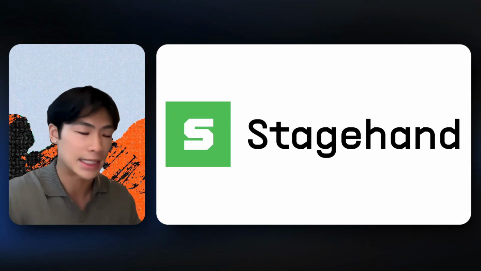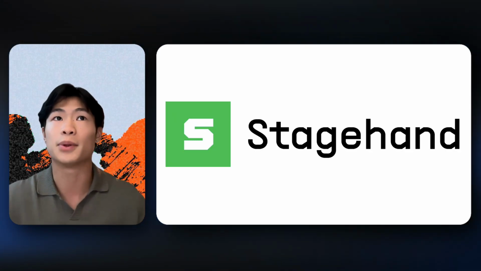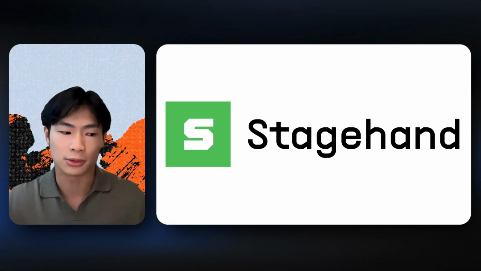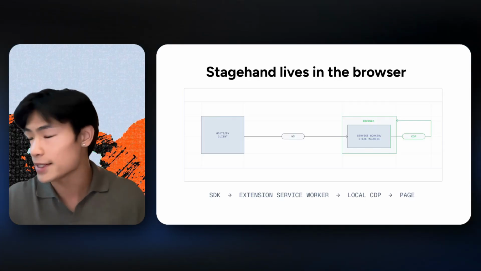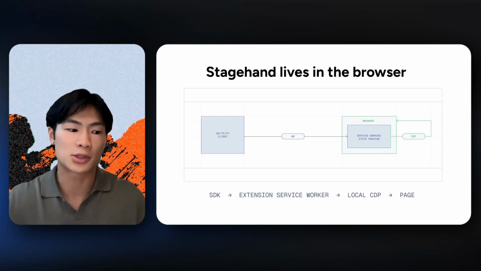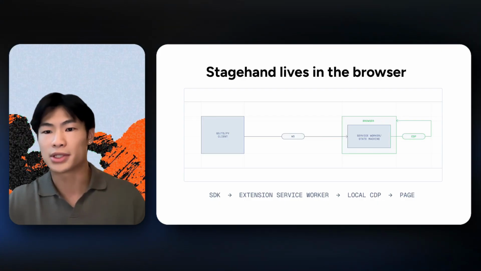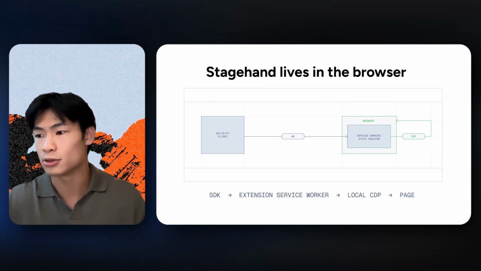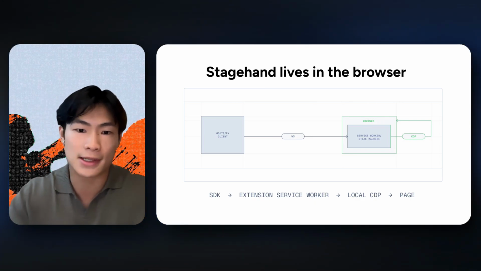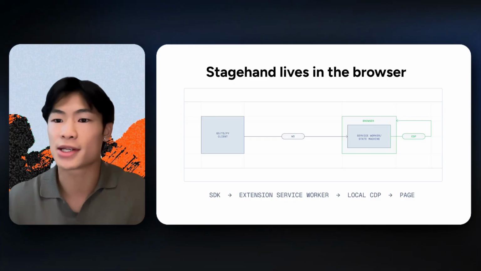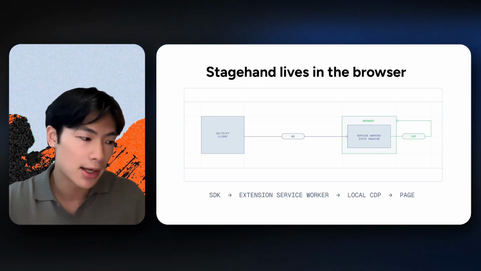With Stagehand, we built it with the goal of introducing AI primitives, one to allow you to develop this code faster, but also to give your agent the tools that it wants to use. These tools are fast to execute, but also token efficient. We recently launched Stagehand V4, which is our fourth major iteration of our framework.